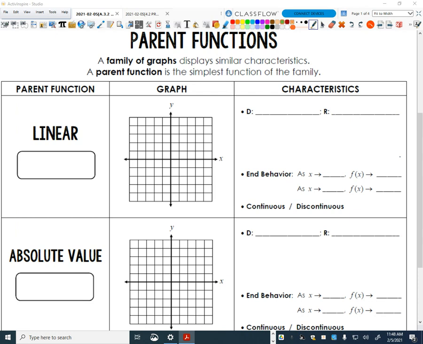By tweaking the equation a little bit, we could turn it into any kind of absolute value graph, or any kind of parabola, or any kind of line, for example, by doing a series of transformations to it, okay?